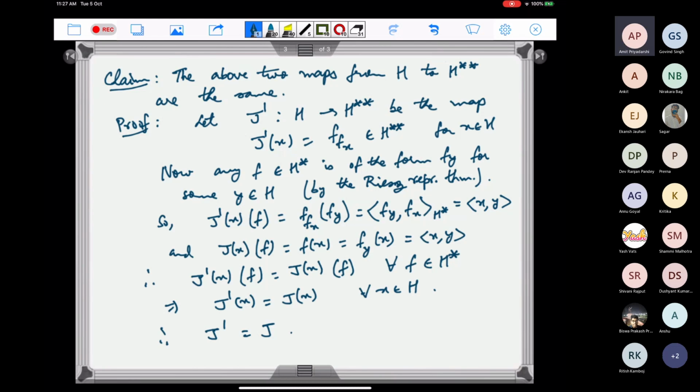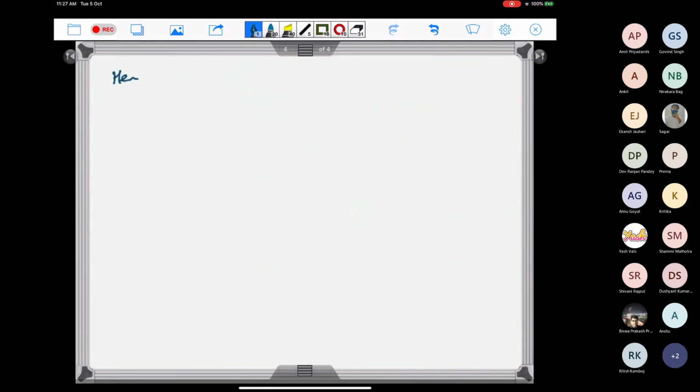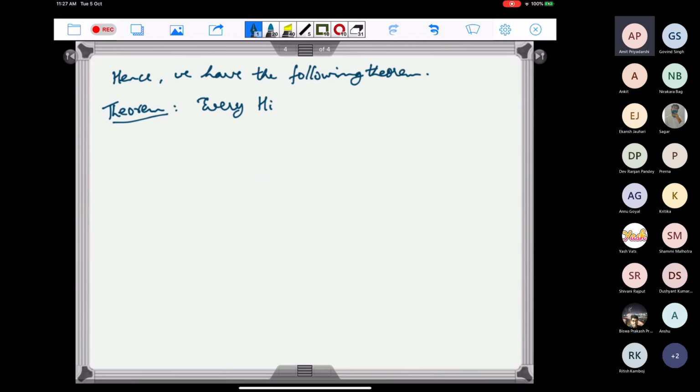So hence we have the following theorem. Every Hilbert space is a reflexive Banach space.